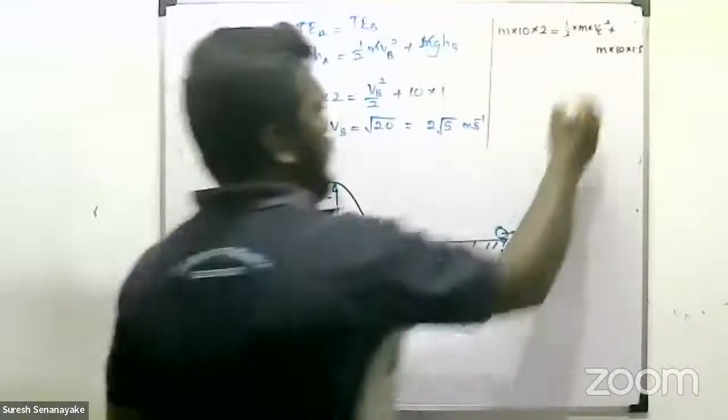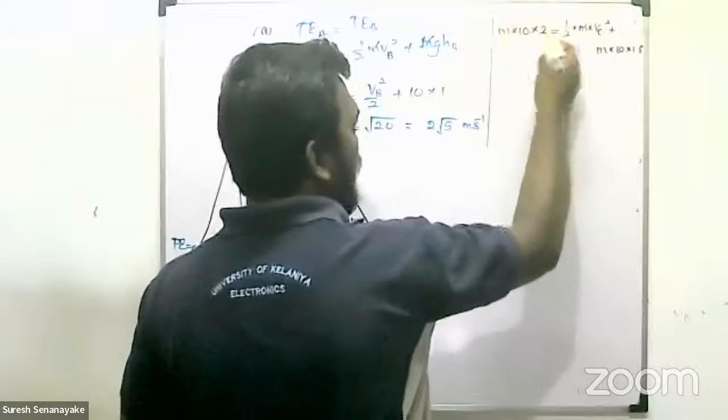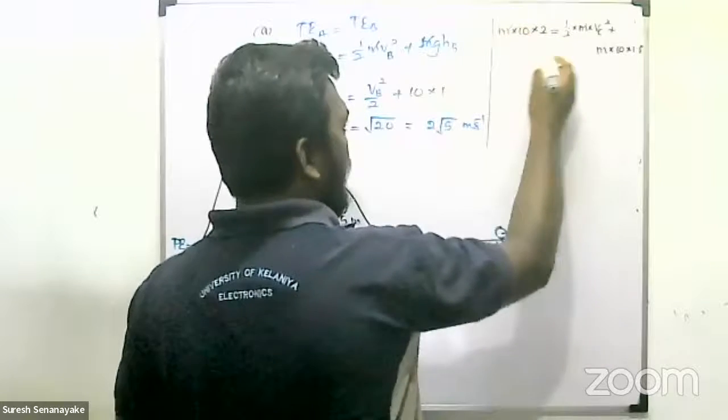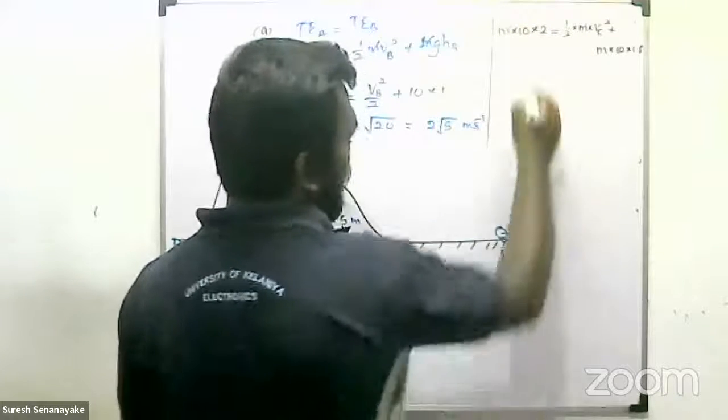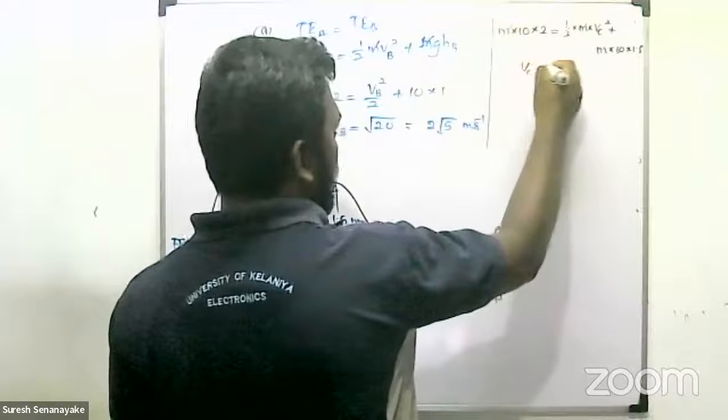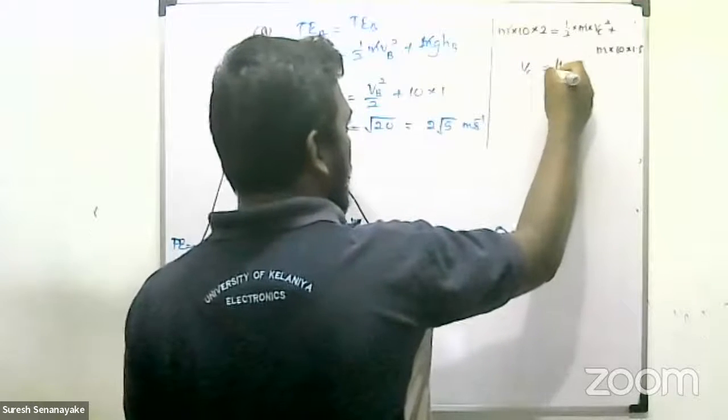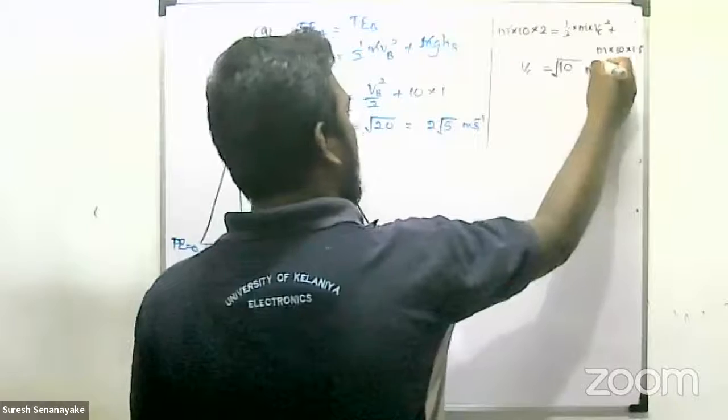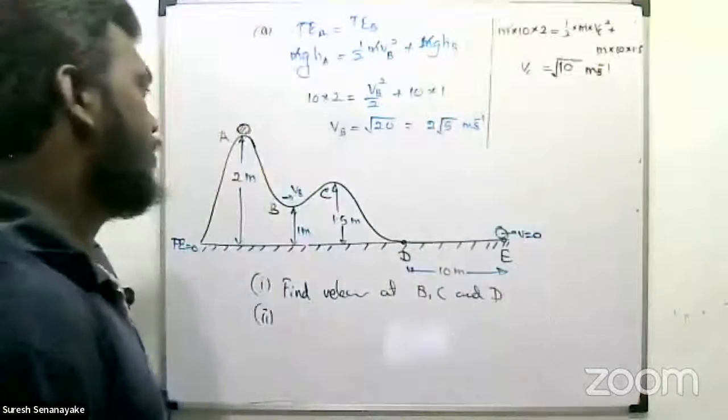So m cancels, here 20, this is 15, and 5 there, and multiply by 2, 10. So then v_C equals the square root of 10 meters per second, that is 3.16.